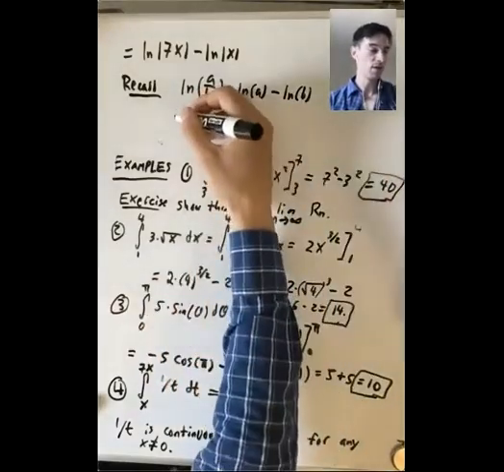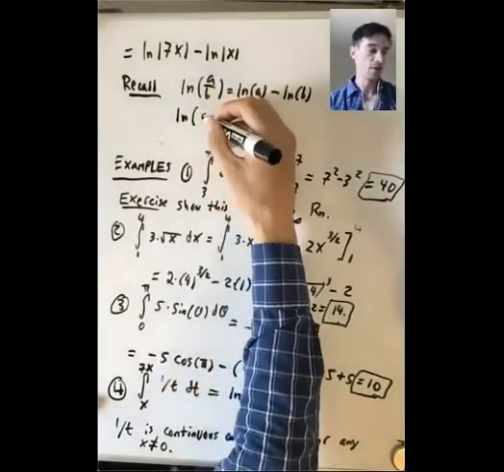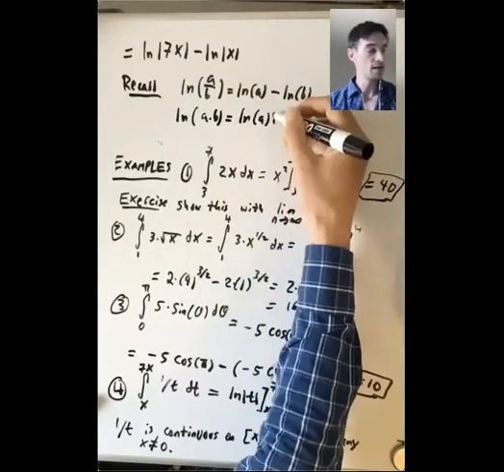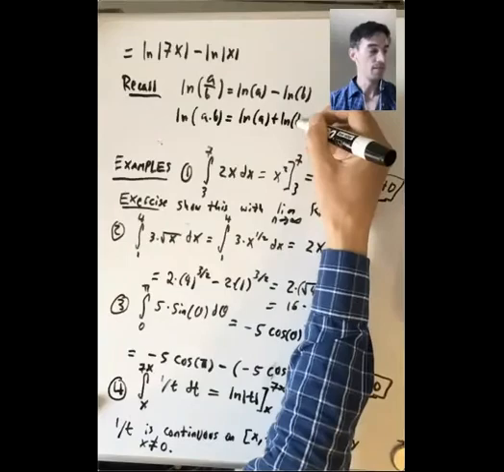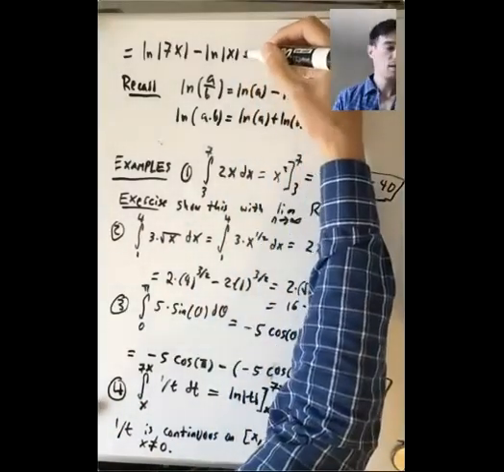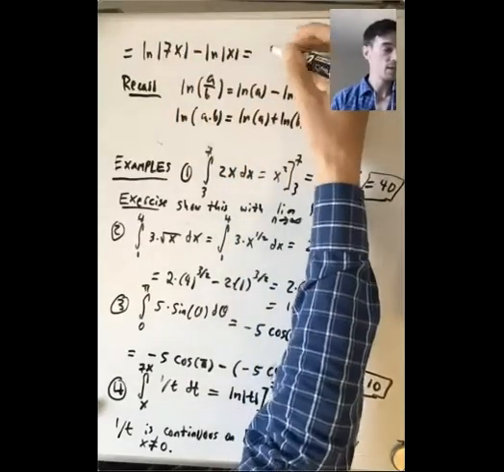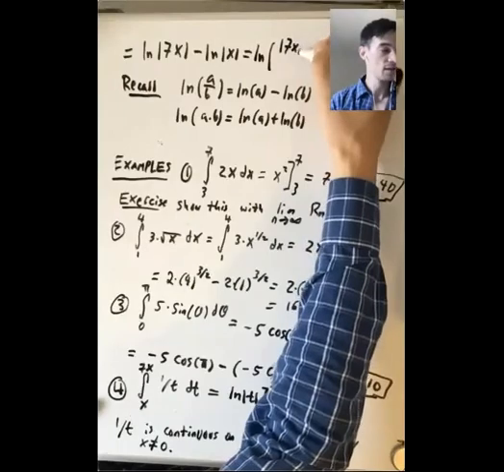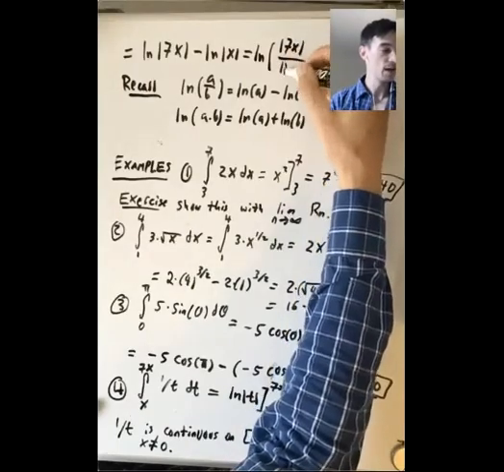This property goes along with the natural log of a times b equals natural log of a plus the natural log of b. So what does this mean? That this difference of logarithms is equal to the natural log of the absolute value of 7x over the absolute value of x.